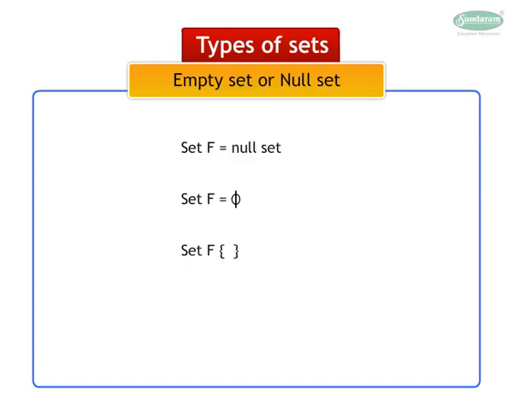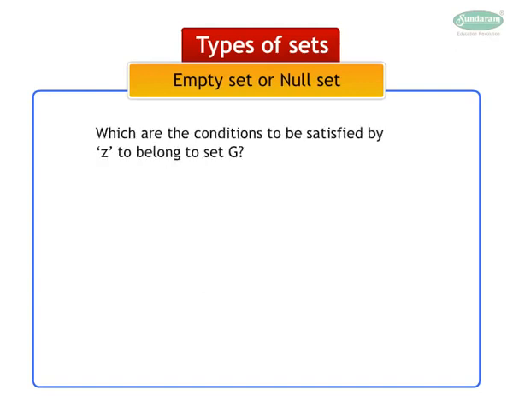Let us consider set G, which has element z, such that z is a natural number and is greater than 3 and less than 4. Now, students, which are the conditions to be satisfied by z to belong to set G? The first condition is z is a natural number.